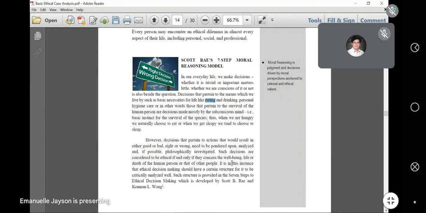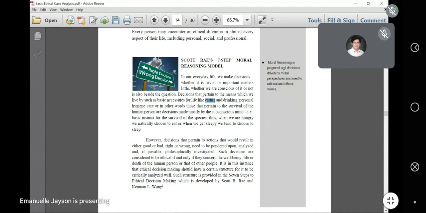So such structure is provided in the 7 steps to ethical decision making, which is developed by Scott Ray, originally by Scott Ray, but later on collaborate siya kay Kenman L. Wong. Okay? So merong moral reasoning pa rin when it comes to ethical decision making. Hindi mawawala yan.